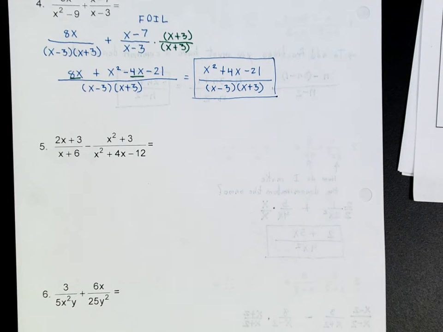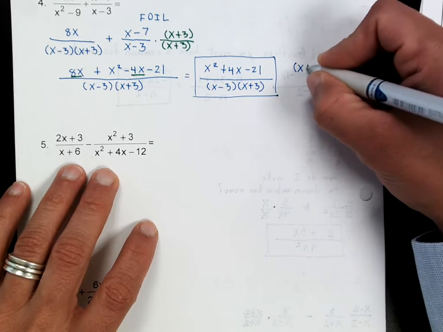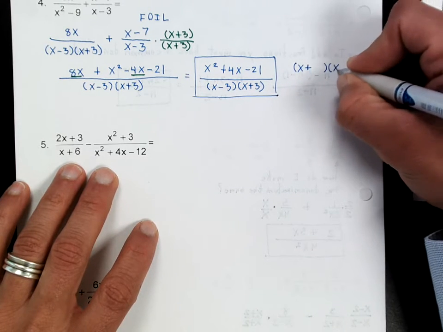There is a possibility, okay? On this one, you can factor the numerator and simplify this even more. Can anybody tell me factors of 21? One positive, one negative, they add up to 4.